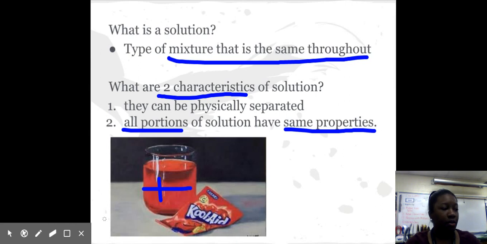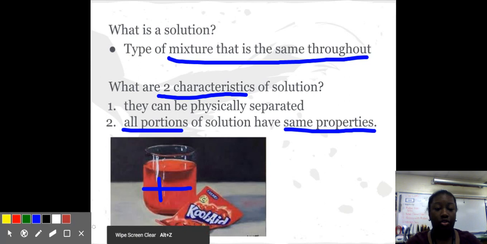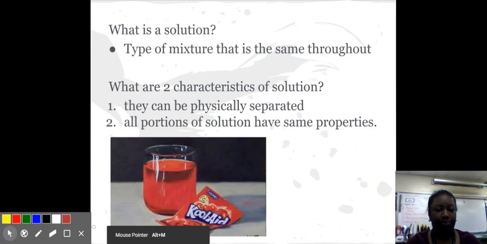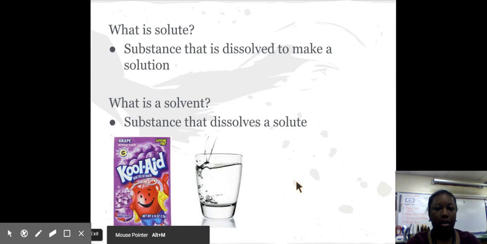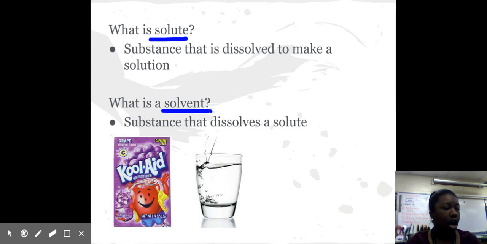So the solution also has two parts. All right, it has a solute and a solvent. Okay, so a solute is a substance that is dissolved to make a solution.